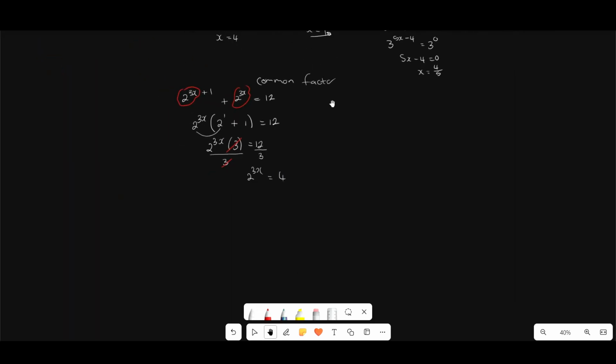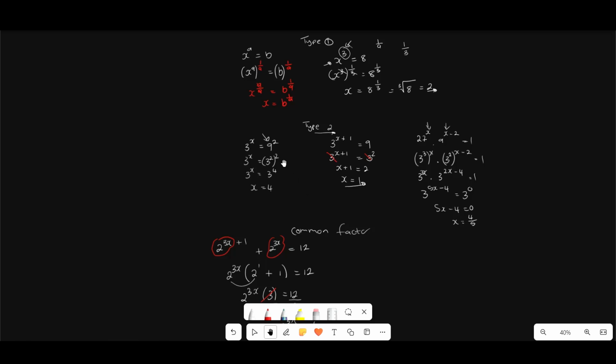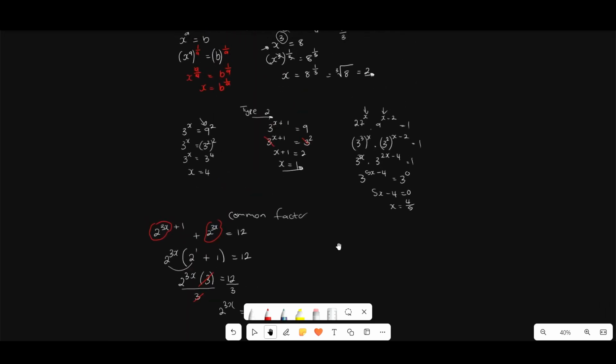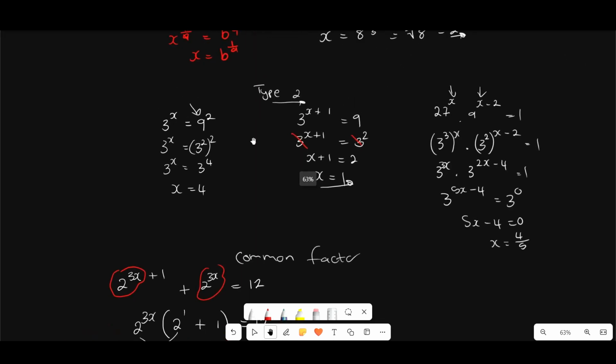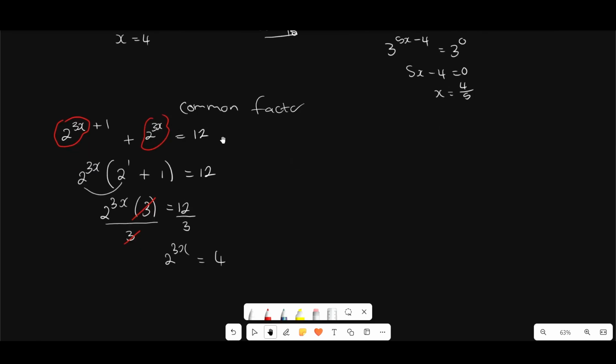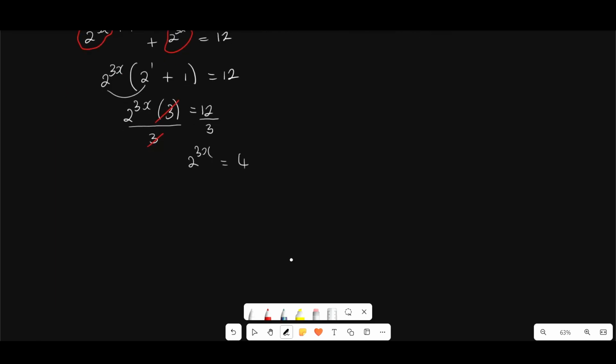Now I go to type number 2, where we want to drop the same bases. Here I can say this is 2 to the power 3x, which is equal to 2 squared. Then I drop the bases, hence I'll have 3x equal to 2, hence my x will be equal to 2 over 3.